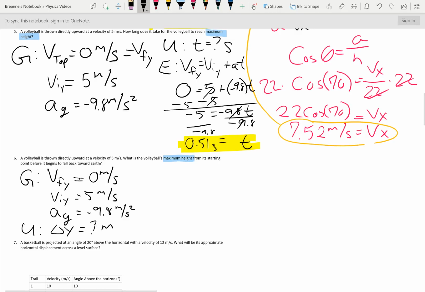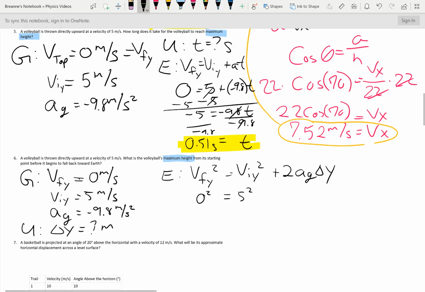So you can use the time if you want, but let's see what we have here. We have final velocity squared equals initial velocity squared plus 2a delta y. So I have everything but delta y. Final is 0.